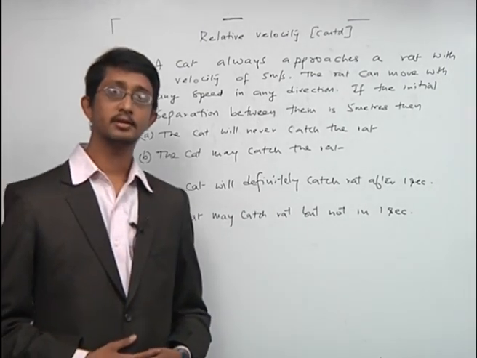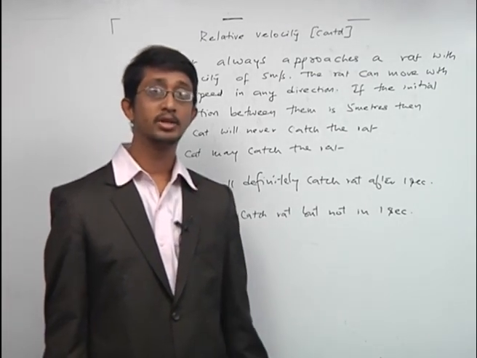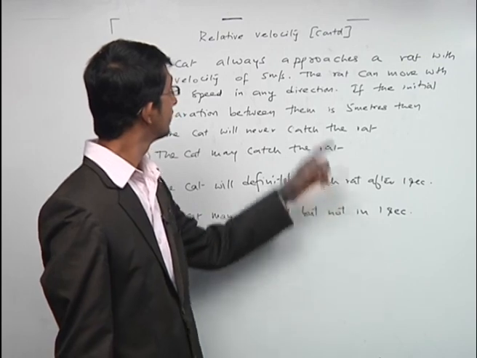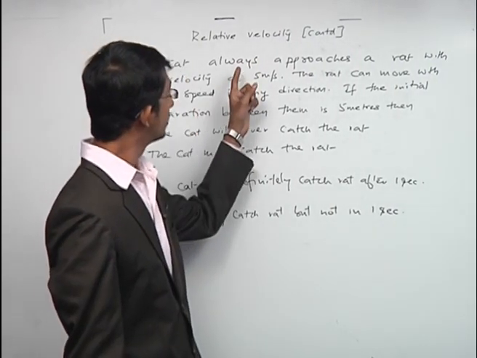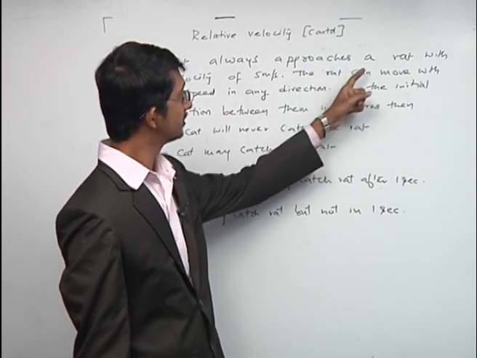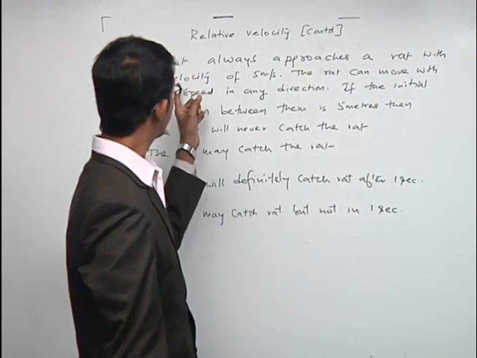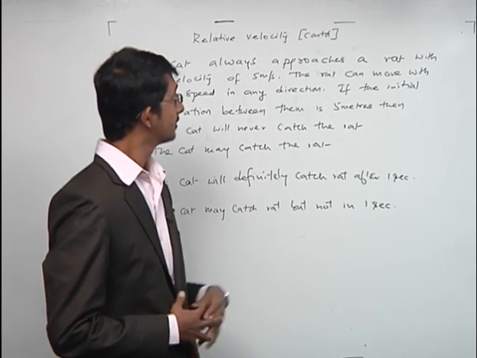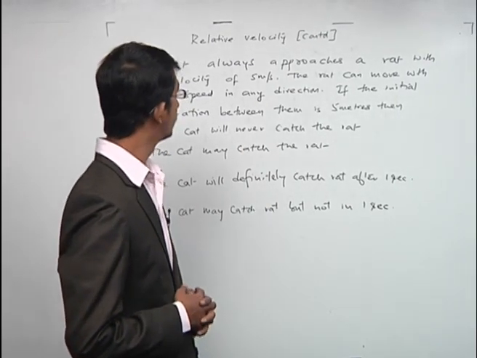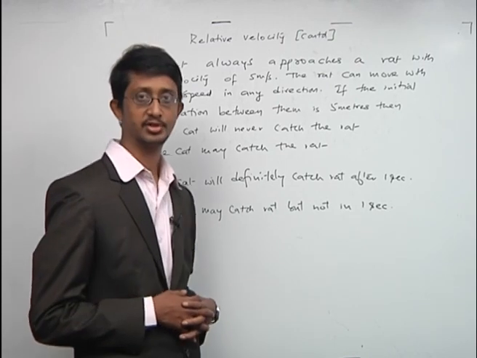I would like to start this concept with one problem. I have put the problem here. A cat always approaches a rat with a velocity of 5 meters per second. The rat can move with any speed in any direction.